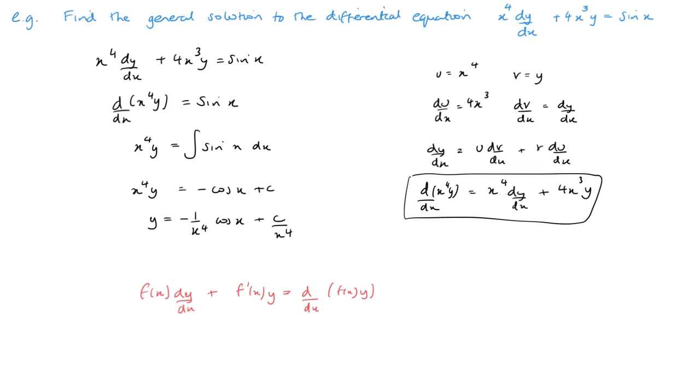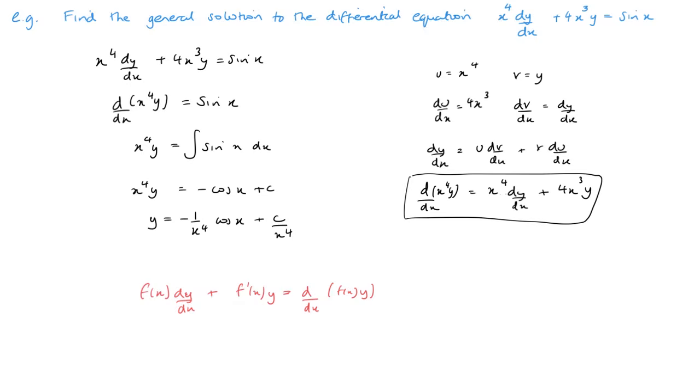In this case, the function of x is x to the power 4, so it's x to the power 4 dy by dx, and then we get this differentiated, 4x cubed, multiplied by y. If I spot that in a question, I can use this to replace it. So this is about spotting them, and if you can spot it, it's fairly straightforward.